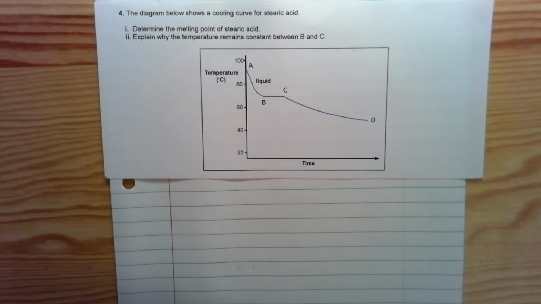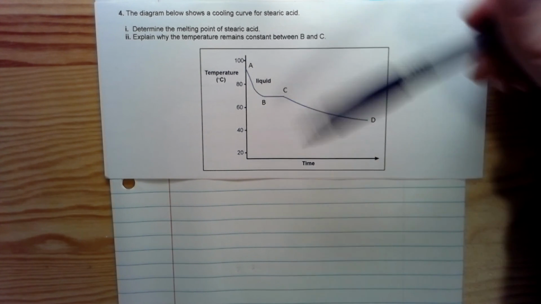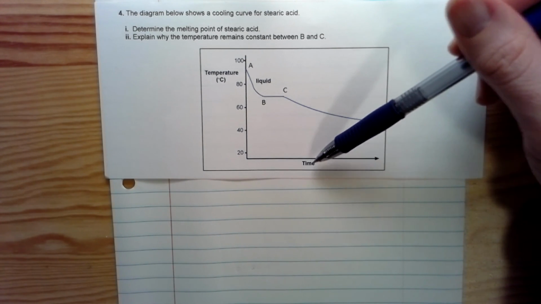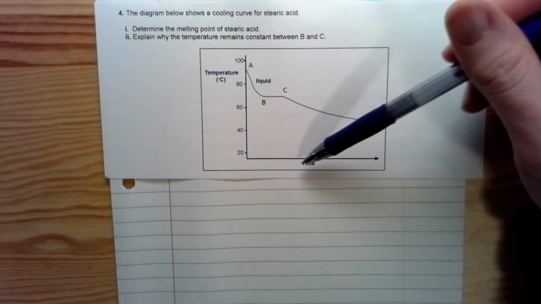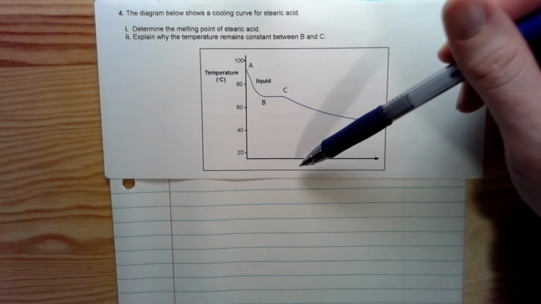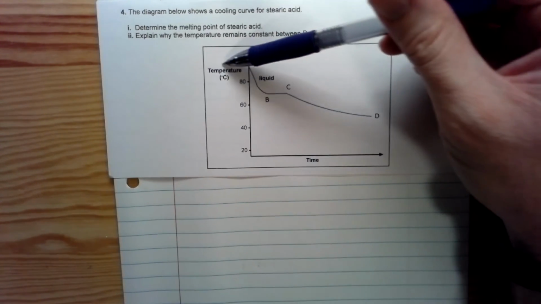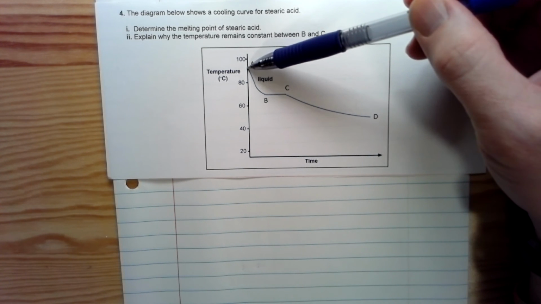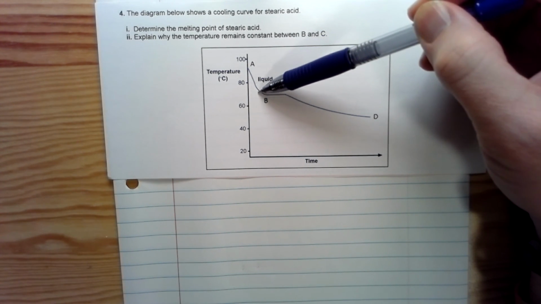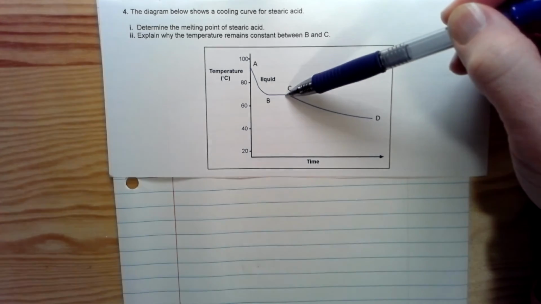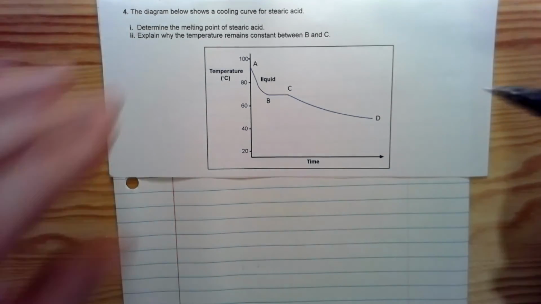The diagram below shows a cooling curve for stearic acid. So we want to determine the melting point of stearic acid. What this is, we have time plotted here. Sometimes you might actually see heat or heat added on the x-axis, and we have the temperature here. As the temperature decreases, the temperature stops decreasing for a little bit, and then it decreases again.